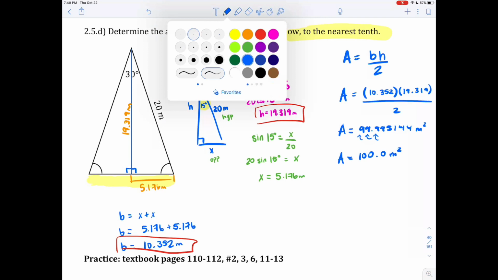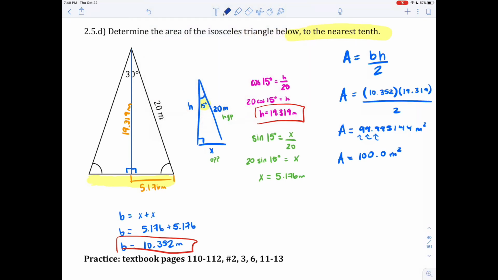And again, if I am starting with a word problem here, I should probably answer my problem with words. So the area of this isosceles triangle is 100.0 meters squared.